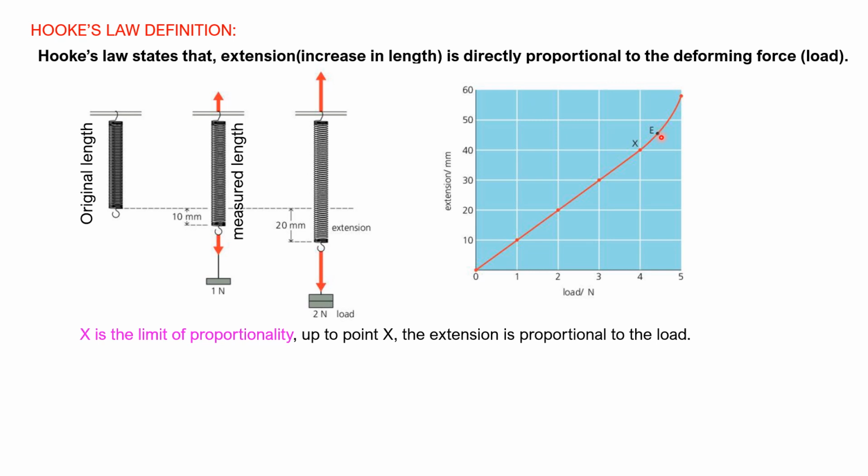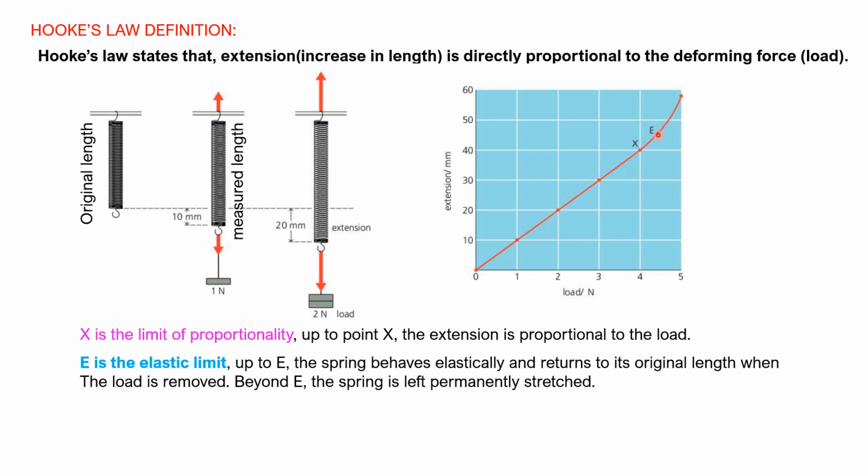So what does this point E say? E is the elastic limit. Up to E, the spring behaves elastically and returns to its original length when the load is removed. Beyond E, the spring is left permanently stretched.